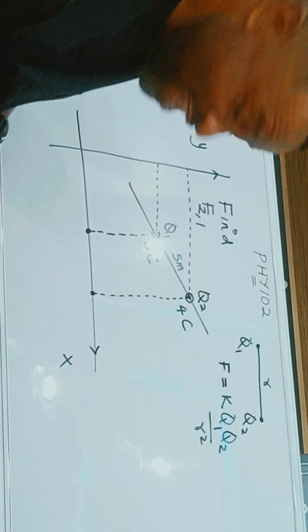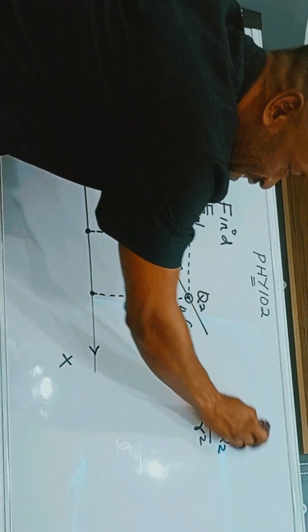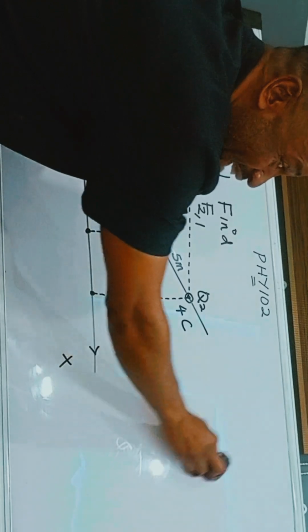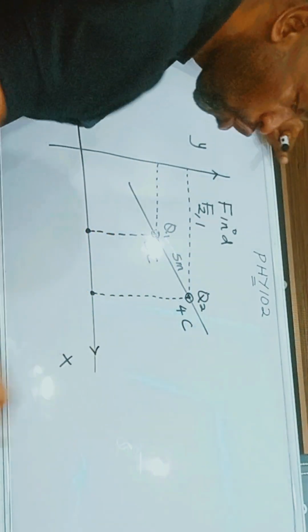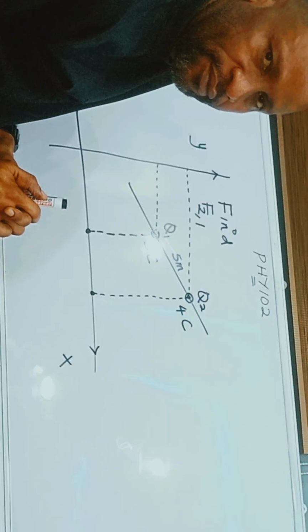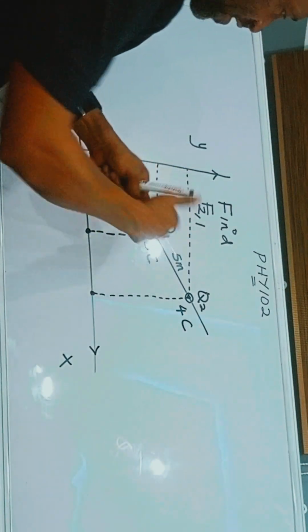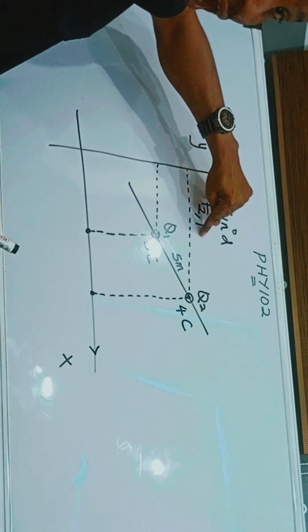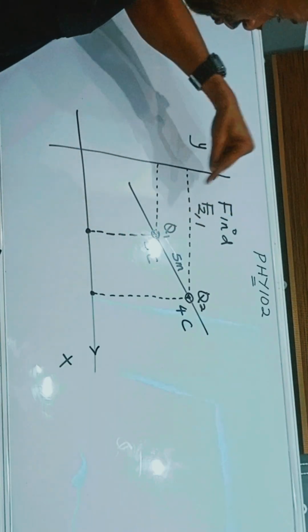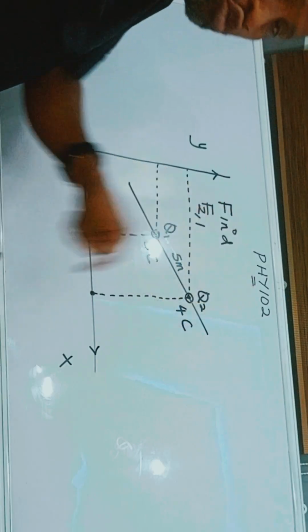However, if you have a coordinate system where the charges are located either on a single inclined straight line or on more than one straight line, the new formula becomes like what I have here now. They say find the force on 2 due to 1, which means I'm looking for the force that 1 is going to exert on 2.